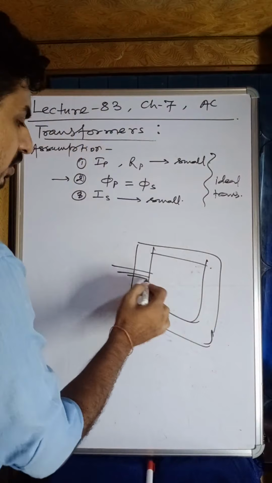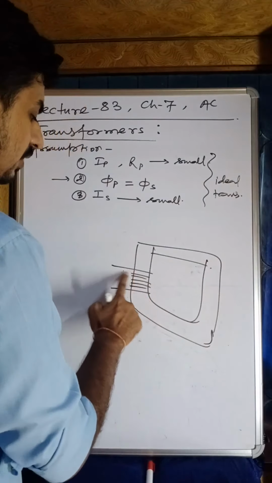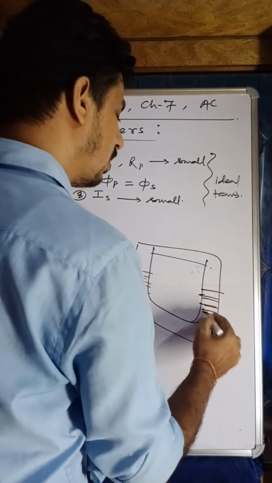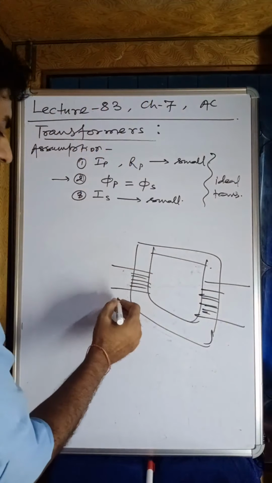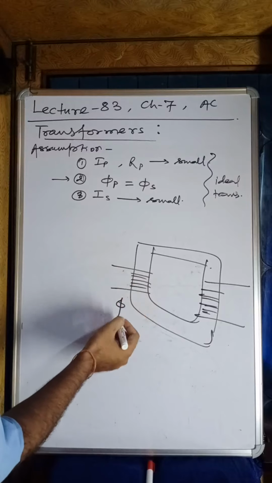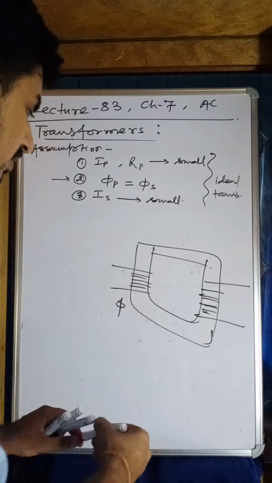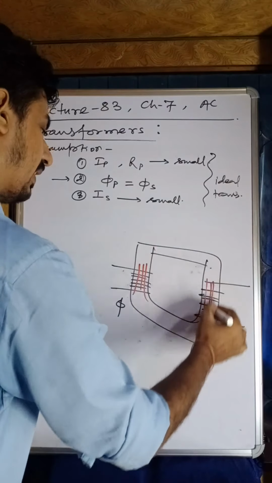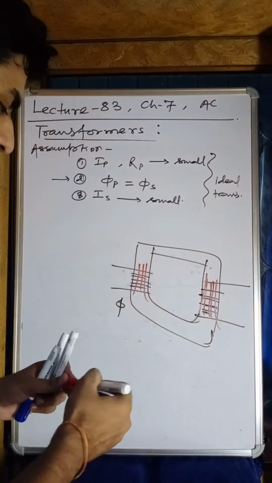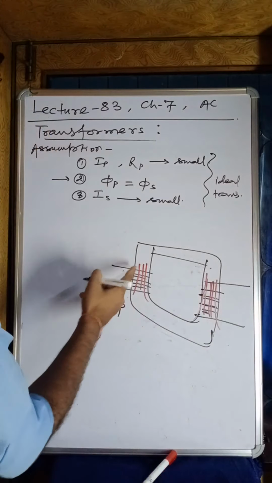Here it was the primary coil and it was the secondary coil. So my dear students, since it is a magnetic field here and here, the magnetic field produces the flux linked with the primary coil.